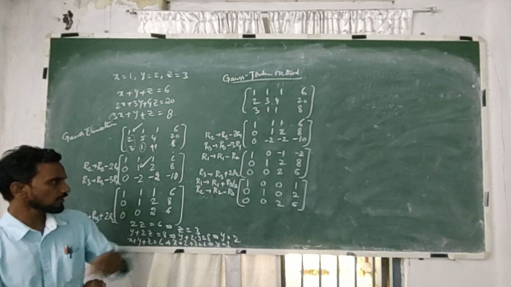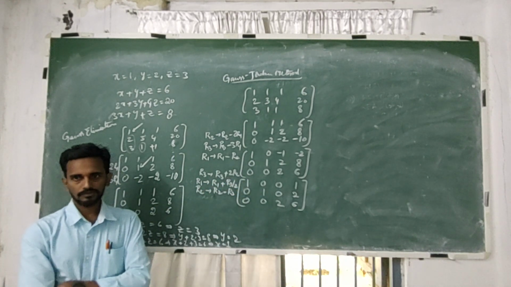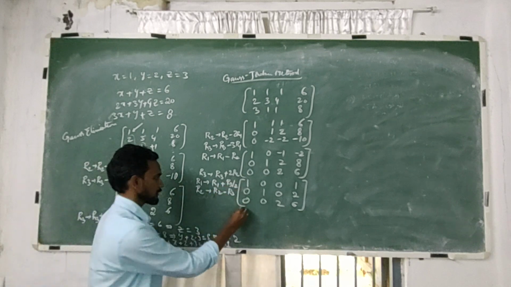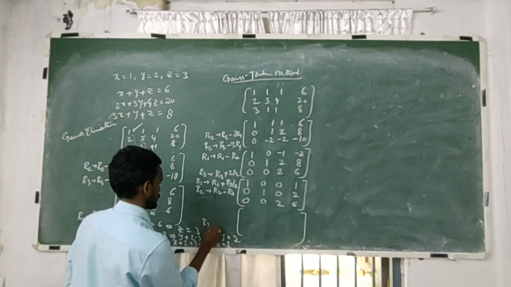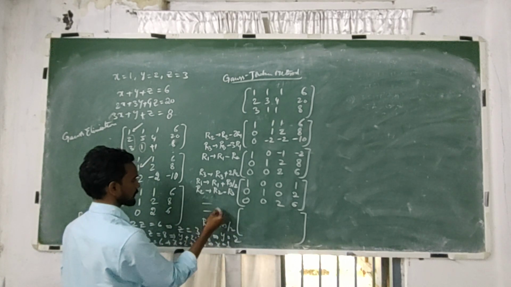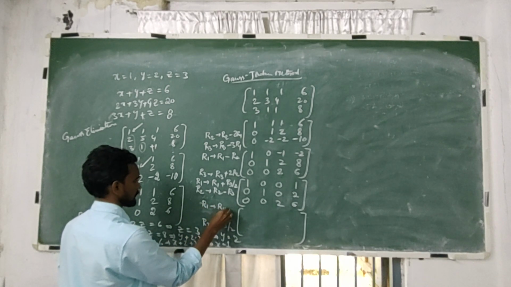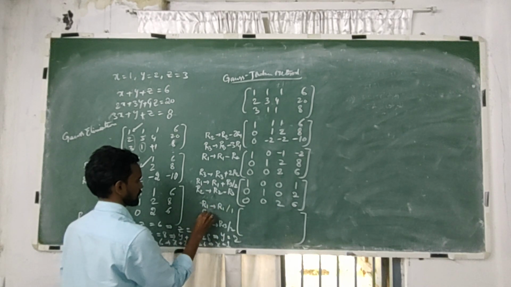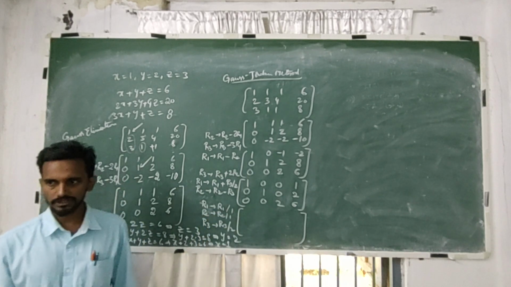And the final stage is you have to make all the diagonal elements 1. Two are already set, and the remaining. Whatever row operations here, it is the same. R1 is R1, no change.